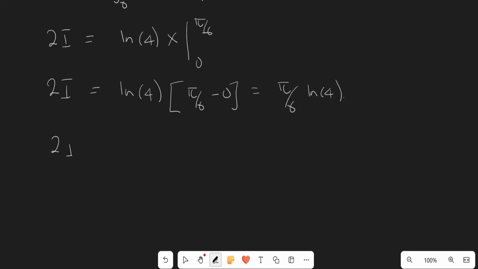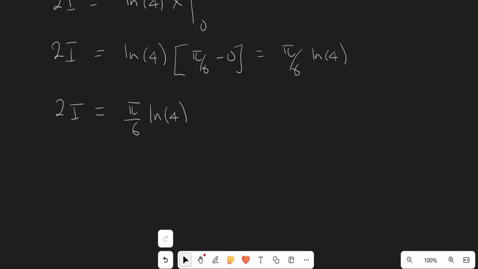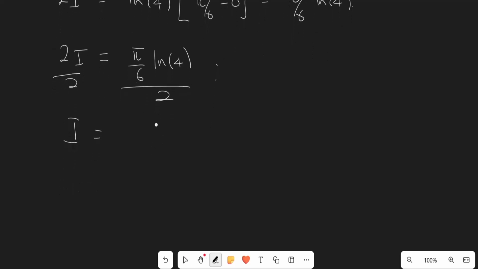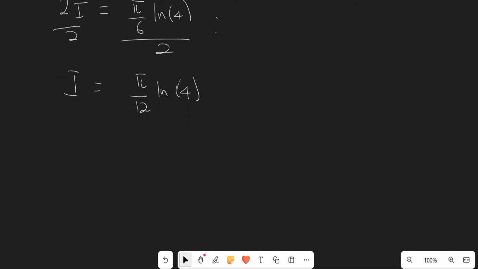So 2I is equal to pi over 6 times the natural logarithm of 4. If we want our I, we can just divide by 2 to isolate our I, which will be pi over 12, right? So pi over 12 natural logarithm of 4. So that is the value of our integral.